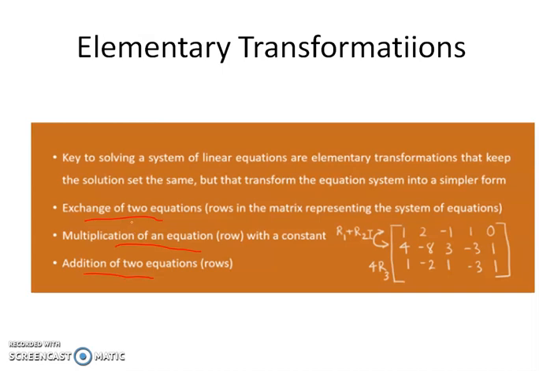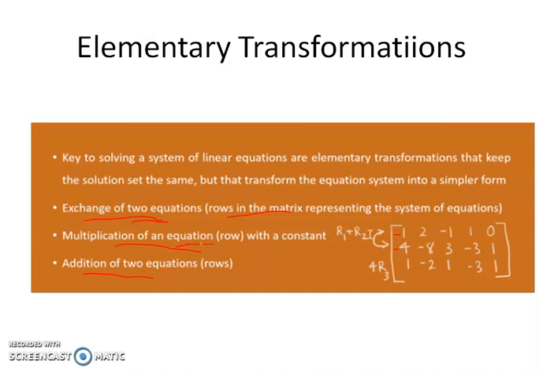How? In the case of exchanging two equations, the rows in the matrix will be exchanged. If I need to exchange row 1 and row 2, the first row will have the contents of the second row, and the second row the contents of the first.